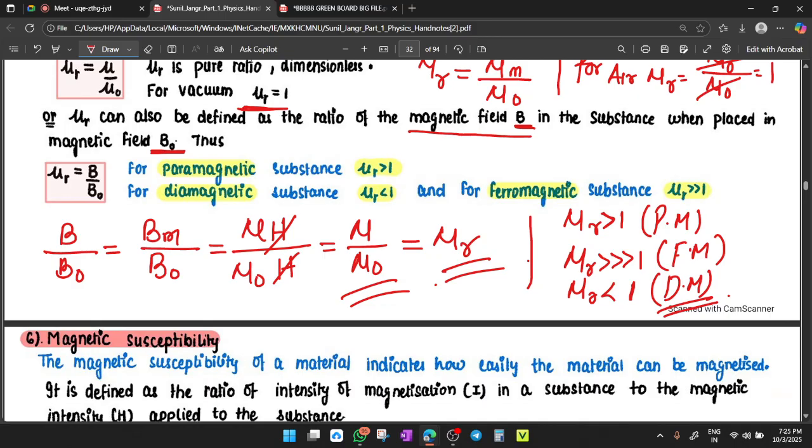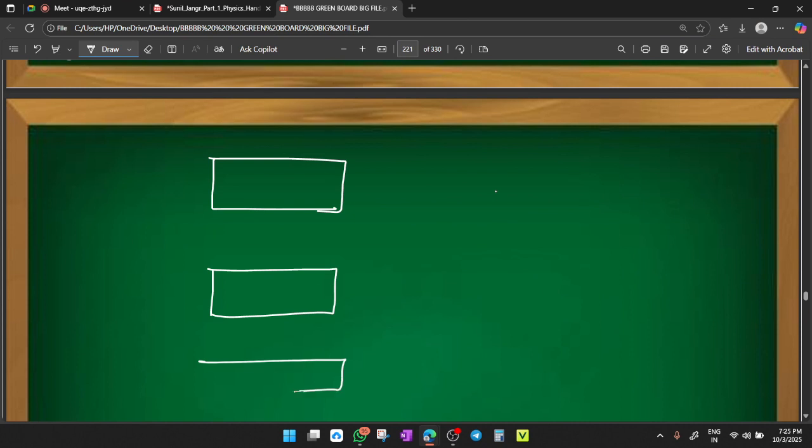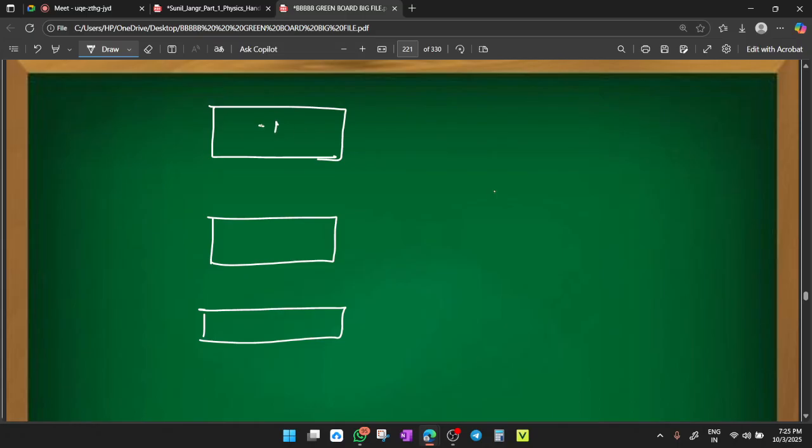Clear? So in the diagrammatic way, if there is a magnetic field and there are different types of sample. One is ferromagnetic, second one is diamagnetic, and the upper one is paramagnetic. Sorry, first it is dia. Then see, these are the lines of force.